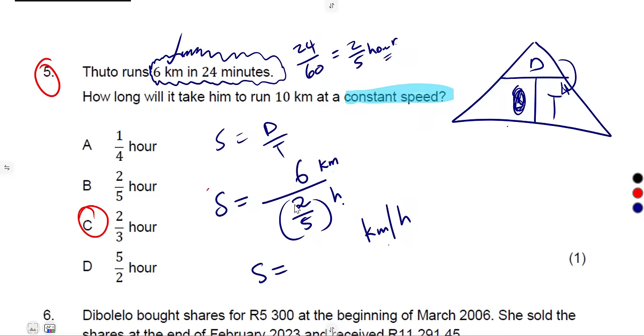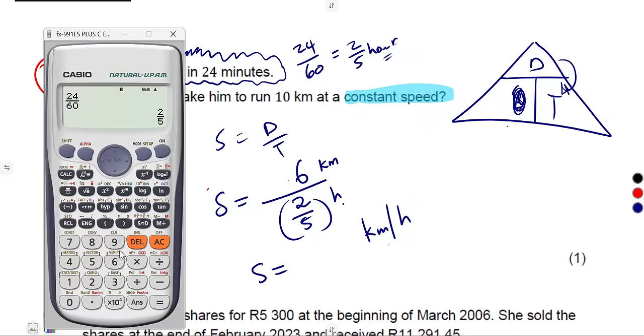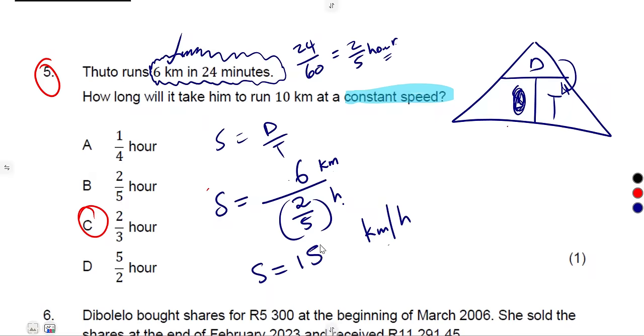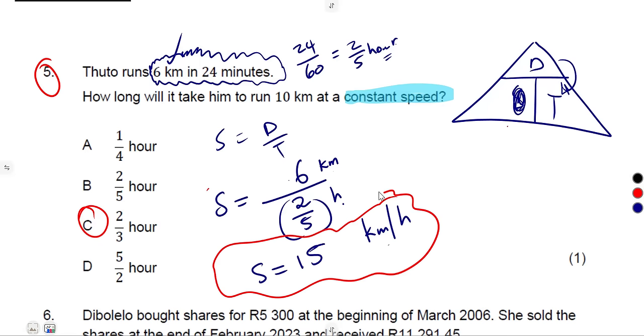All right, so let's divide 6 divided by, let me open the bracket here, 2 over 5. So this is it. It was going to give us 15. So the constant speed they are referring to is 15 kilometers per hour.